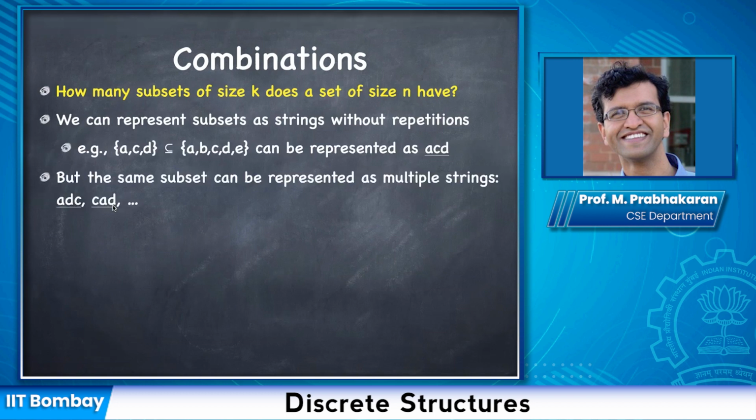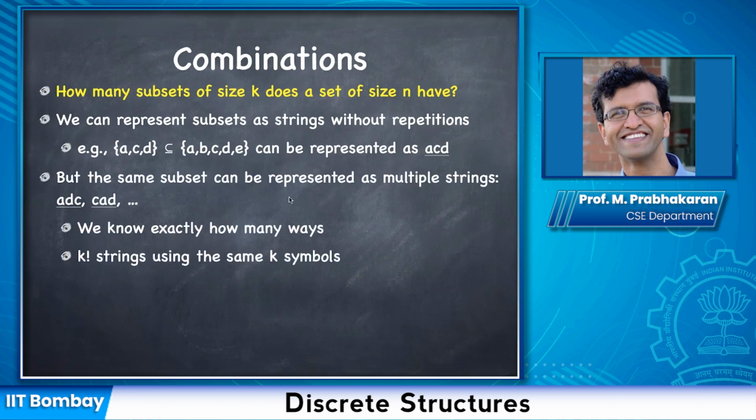So there is multiple counting now, but we actually know how many times we are counting each subset. A subset of size 3 can be represented in exactly 3 factorial ways.